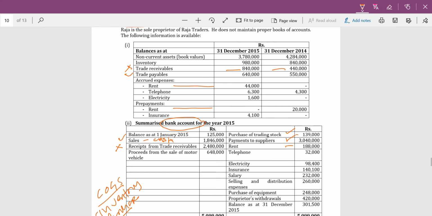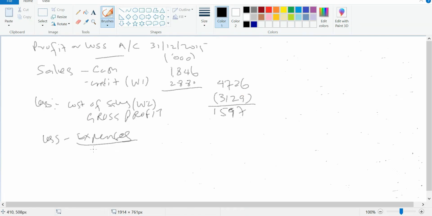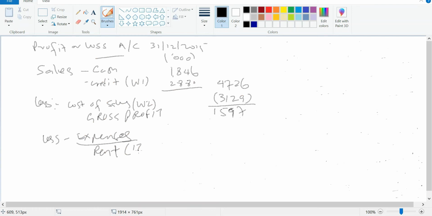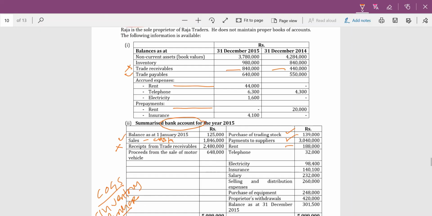Straight away, what you can do is prepare a T account, or otherwise you can simply take rent, how much has been paid. First you take the paid amount, rent 188,000, plus the prepaid. There is a prepayment of 20,000, so it's a debit balance.